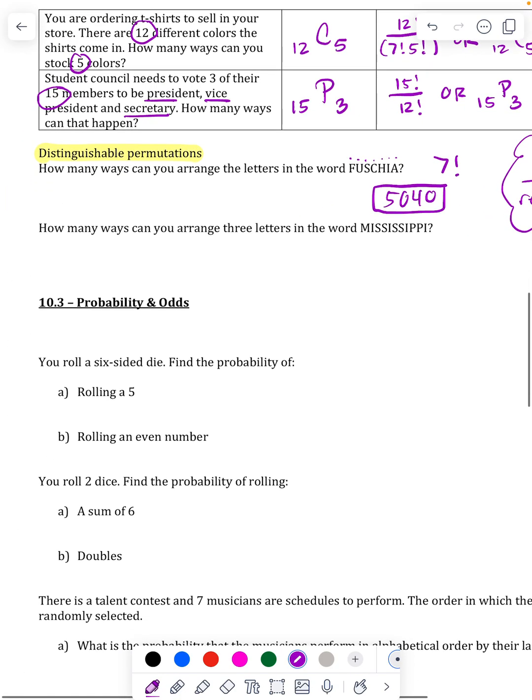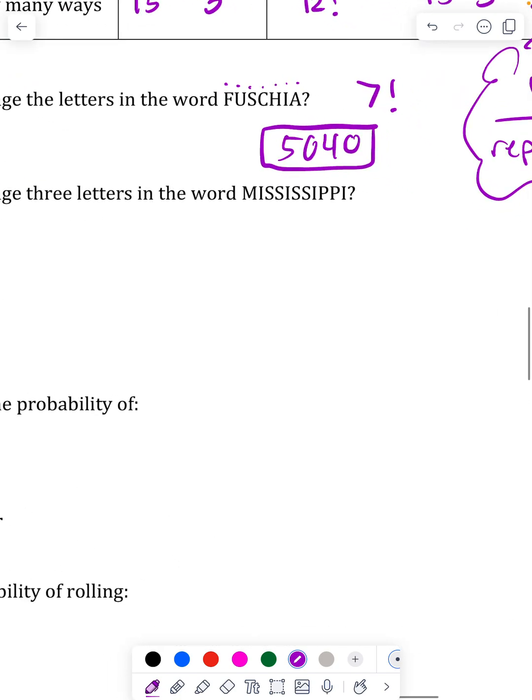Now, Mississippi is going to be a different deal because there's 1, 2, 3, 4, 5, 6, 7, 8, 9, 10, 11 letters. But moving the S's to where the other S's are is not going to look different. So that's one thing that repeats, my 1, 2, 3, 4 S's. So I put that because those are repeats and will not look different.